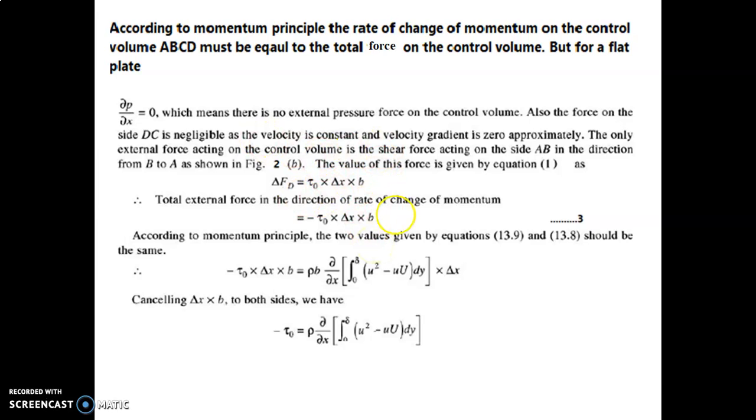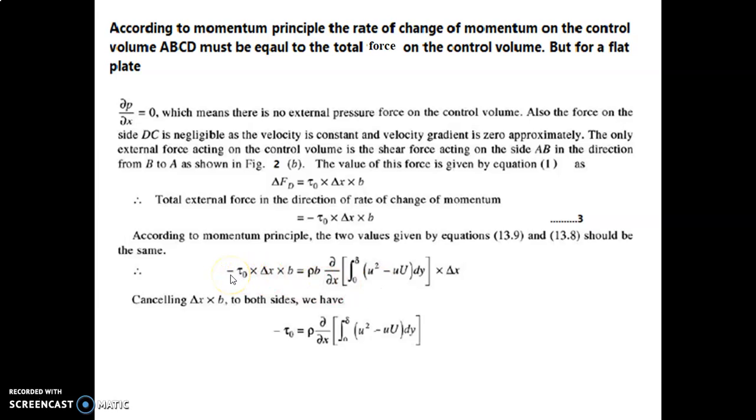Now the drag force del Fd, as we have already studied at the start, equals tau naught del x into b. Therefore, the total external force in the direction of the rate of change of momentum is minus tau naught del x into b.